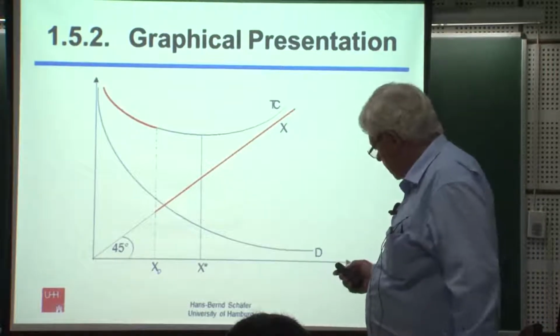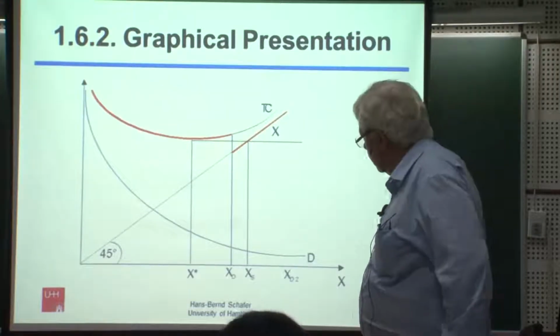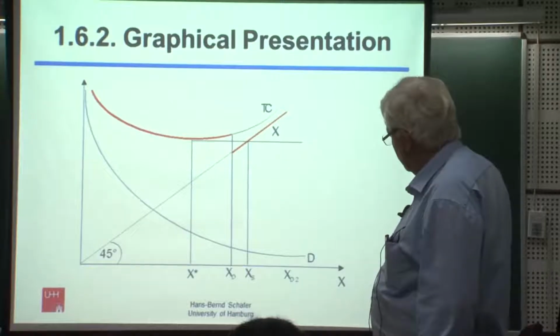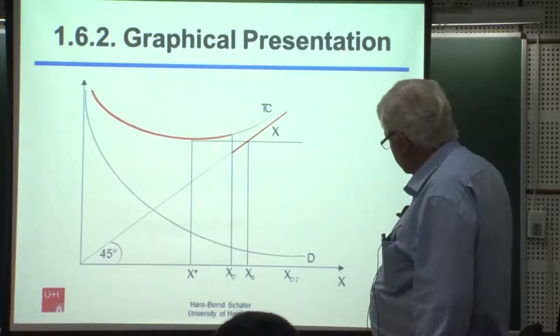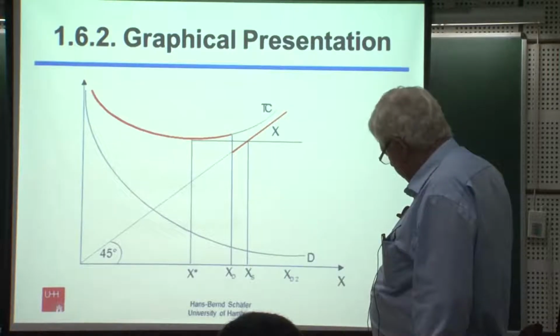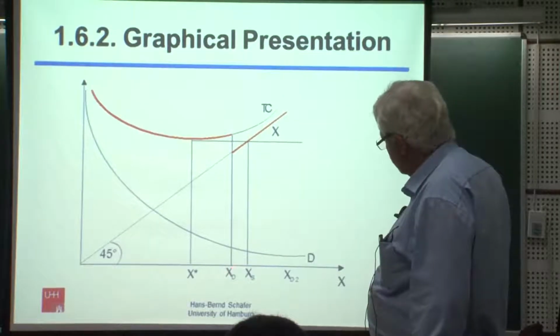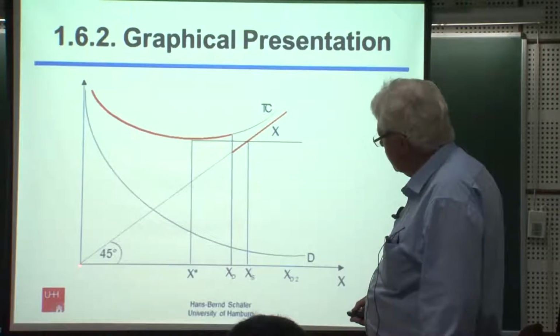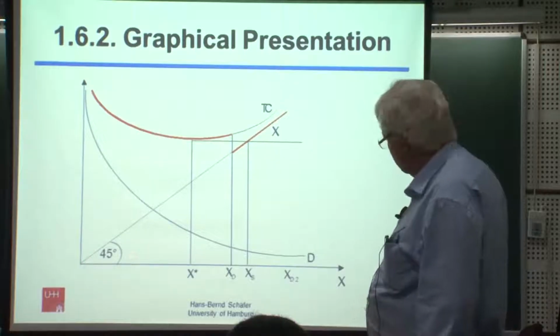Okay. Now we change this again a little bit. Now we assume that the courts fix a due level of care which is higher than the efficient level of care. Let's say this one. Then the tortfeasor knows that in this range here, he is negligent.